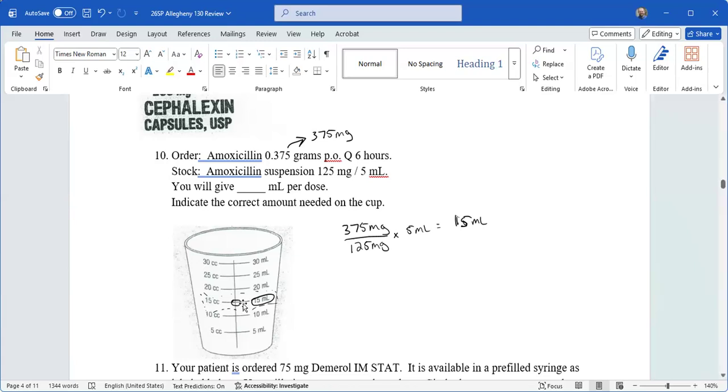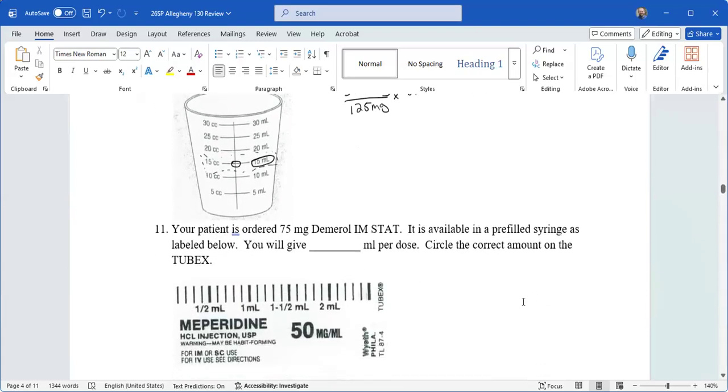Same thing I would tell you for this other marking question. Here you have 75 milligrams over 50 milligrams per ml. 75 divided by 50 is 1.5 ml, and you just want to find that on the syringe.